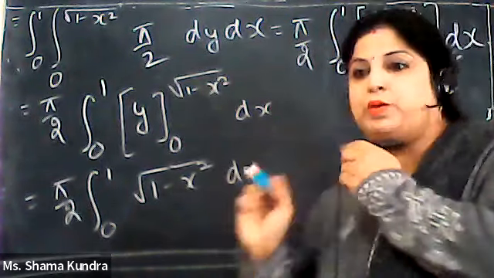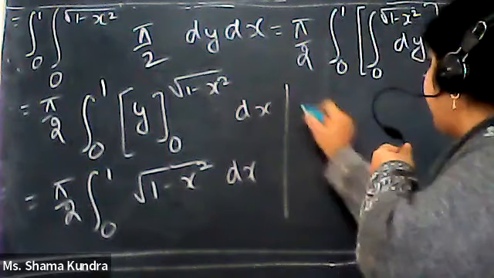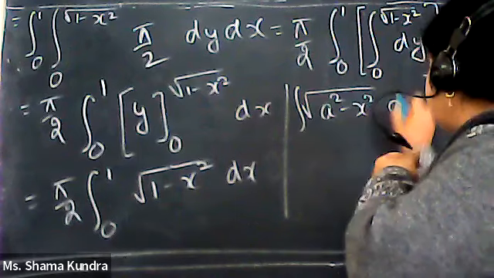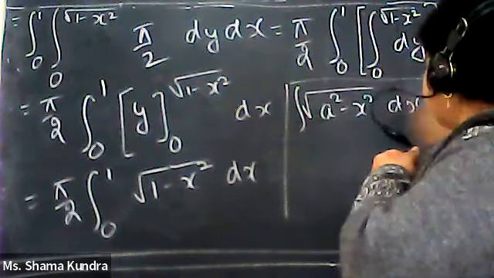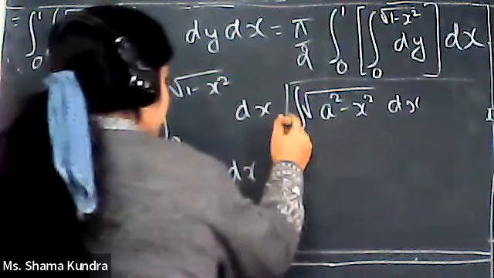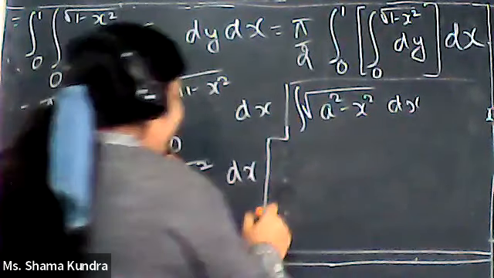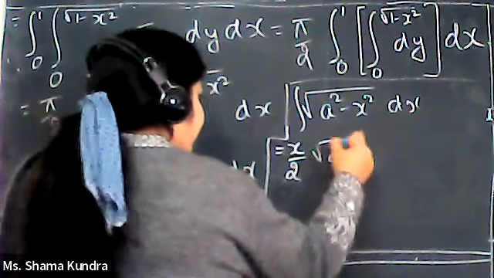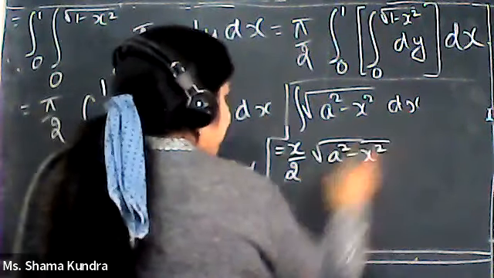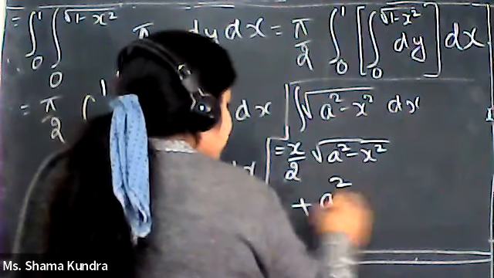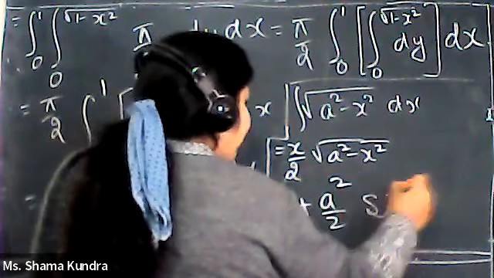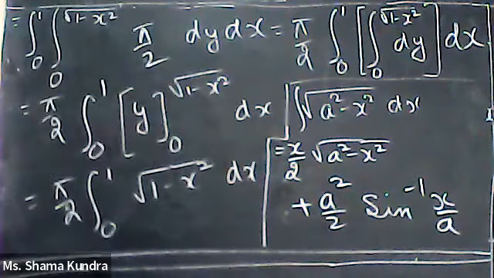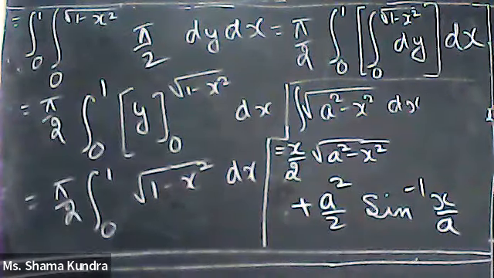Now we have to use the formula for the integral of under root of a square minus x square dx. What is its formula? As in plus 2 standard, this value is x by 2 under root of a square minus x square plus a square by 2 sine inverse x by a. So putting this formula in the integral.